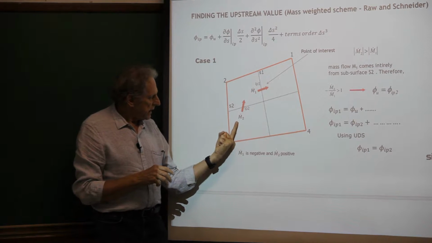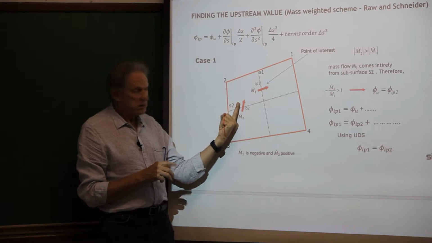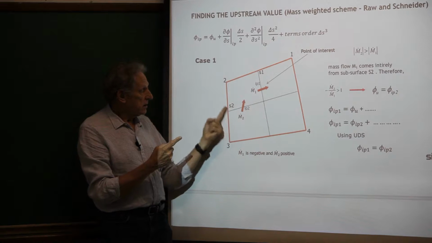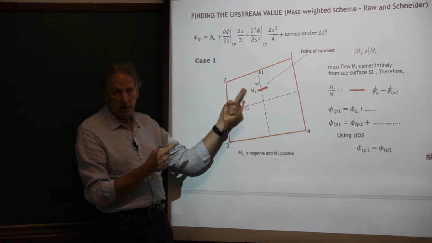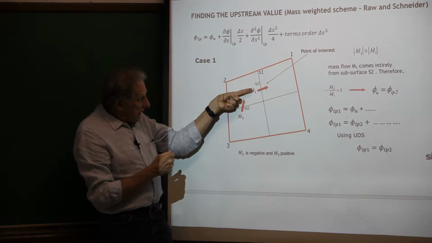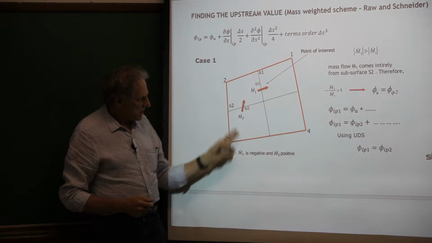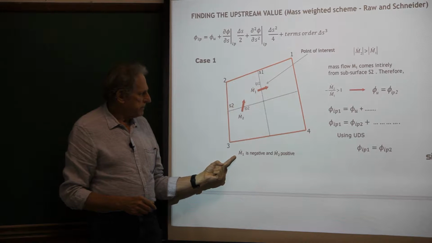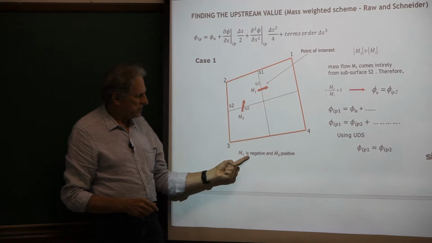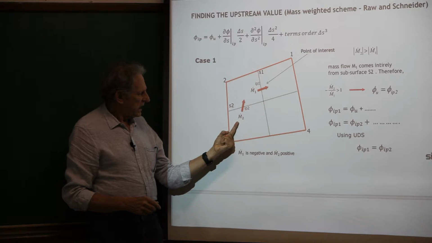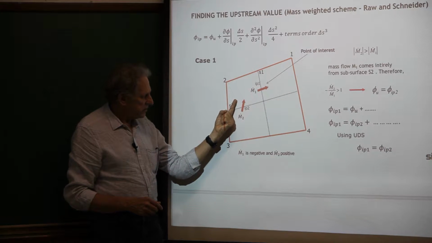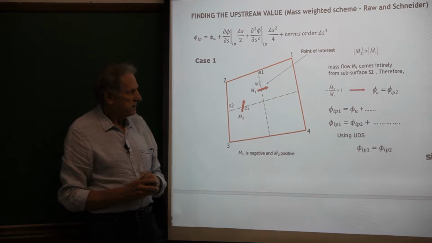And you have a mass flow entering this control volume, this sub-element, and a mass flow leaving. In this convention, M1, which is leaving, is negative, and what is entering is positive.